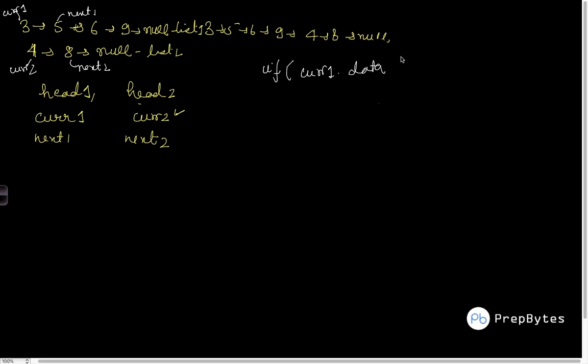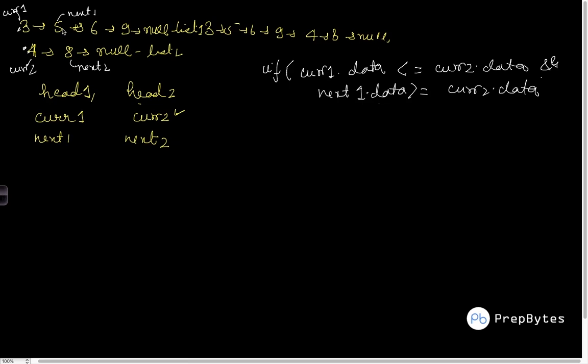If cur1 dot data is less than or equal to cur2 dot data, basically this should be less than this, and next1 dot data is greater than or equal to cur2 dot data. So basically this is checking that this value should be either equal to this number or greater than this number, or less than this number or equal to this number. In either case it will fall in between.